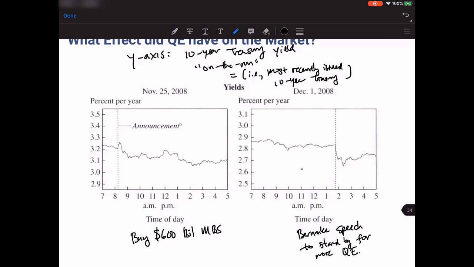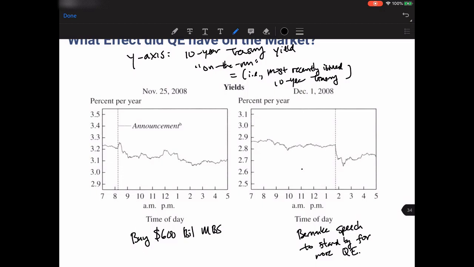Again, these aren't actual actions. These are simply announcement effects in which investors will make adjustments based on their expectations. The x-axis in both these plots is hourly time intervals. The central bank simply releases announcements or makes a speech, and the markets are actively listening at the same time.